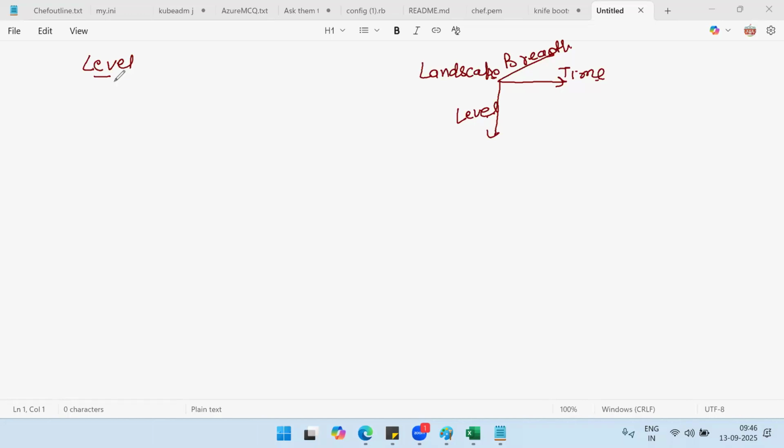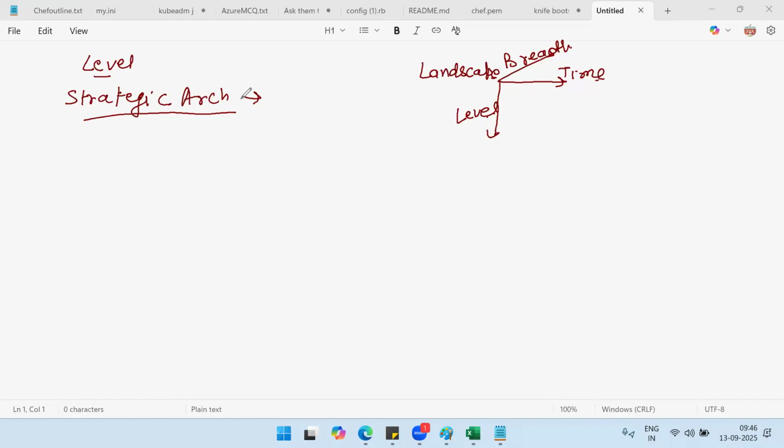So this is called the architecture landscape, and this architecture landscape has three things. Number one is the strategic architecture. So what is it doing?